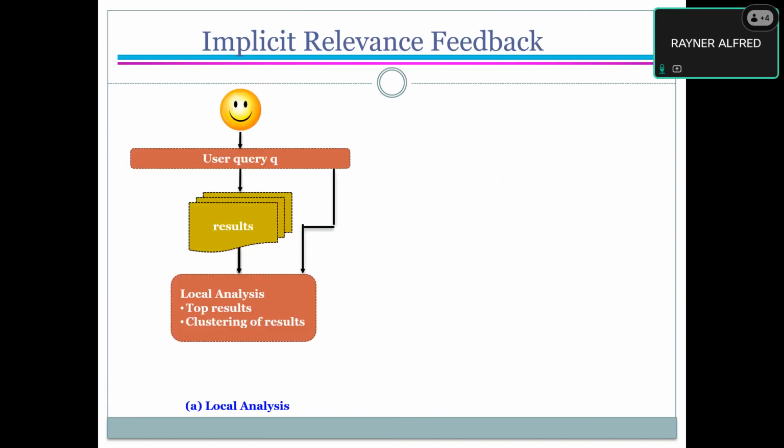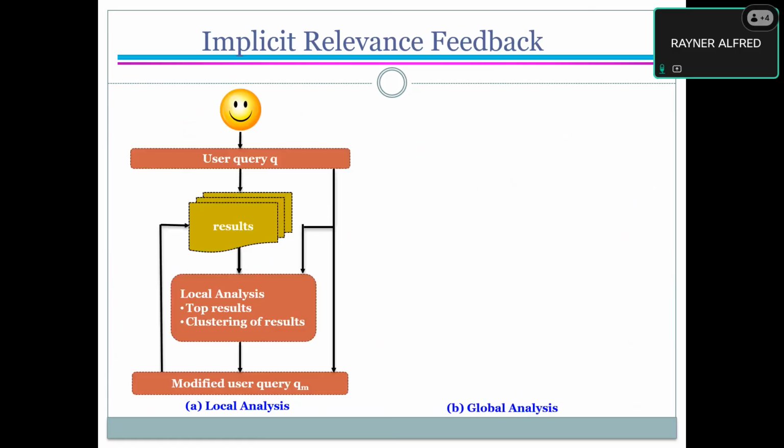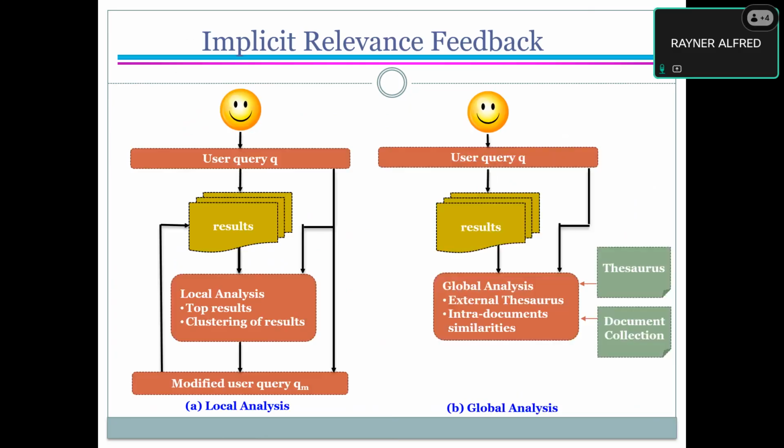So this is based on the local analysis. We look at the top ranked document that we have. When we compare to the global analysis, we are referring to external resources like thesaurus, document collection, and so on.